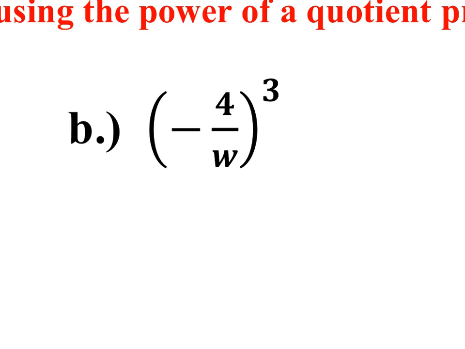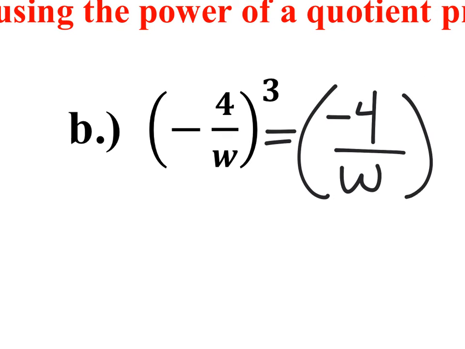Next one's really similar. Let's make this instead -4 over W raised to the 3rd. It's the same thing. You've just multiplied that negative and the 4. Okay, again, power to a power. Now, -4 is in parentheses raised to the 1st.